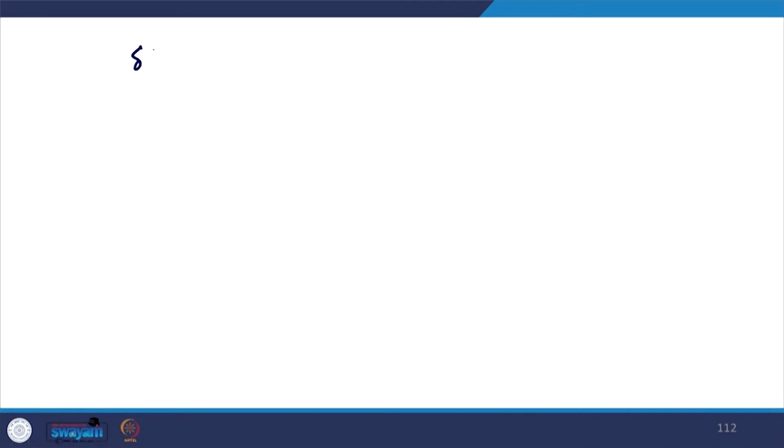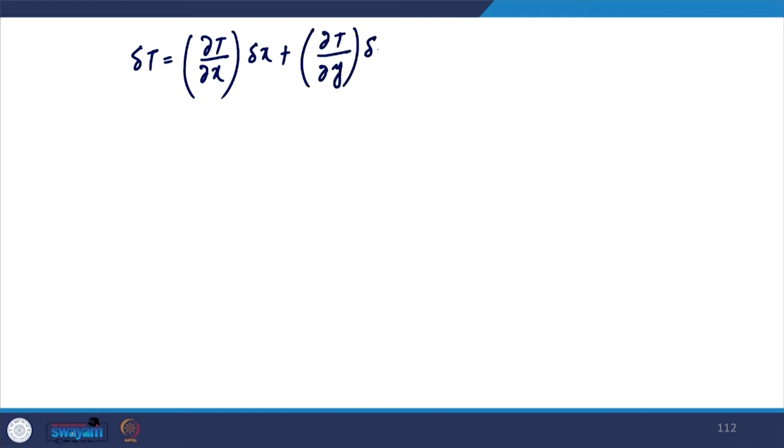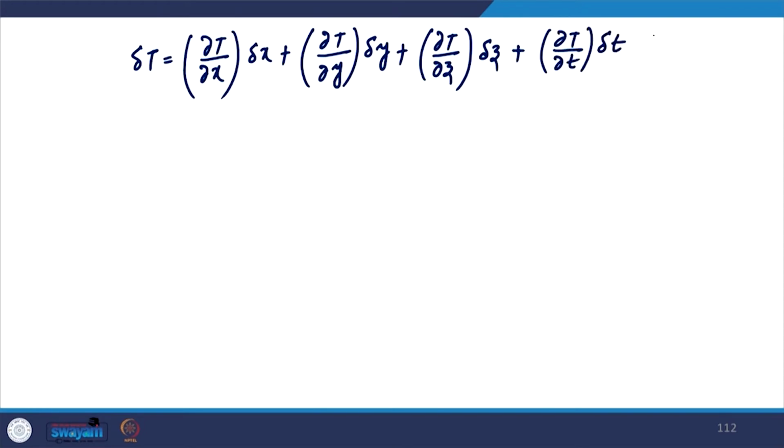So, I will write delta T equals dou T over dou x into delta x plus dou T over dou y into delta y plus dou T over dou z into delta z plus dou T over dou t into delta t.